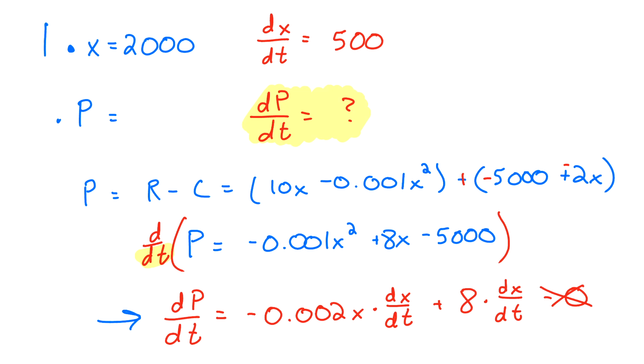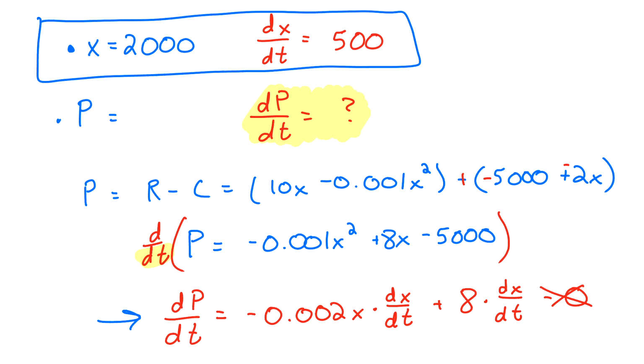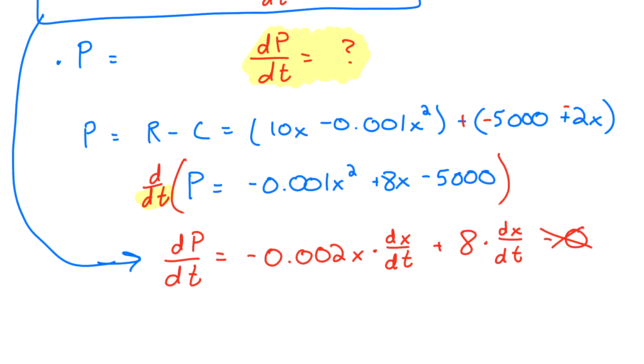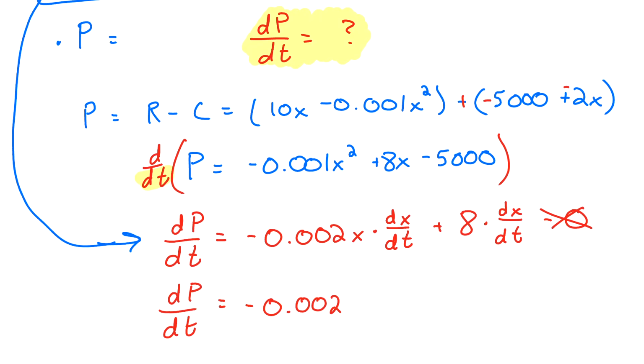And now I can take this information that I laid out at the very beginning of my problem and plug it into my derivative. So in this case, we've got dp over dt is equal to negative 0.002 times x, and we said our x value is 2,000.